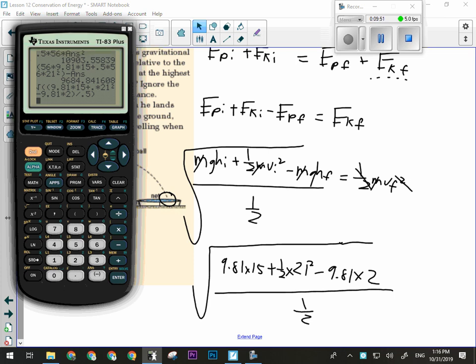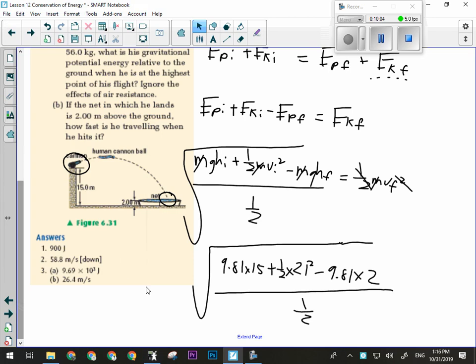Oh yeah, I don't have a 0.5 there. All right. 26.4 meters per second. That's even what they got. Now follow what I did. Just a roller coaster question from Science 10, just it was a human cannonball instead of a roller coaster. All works the same.